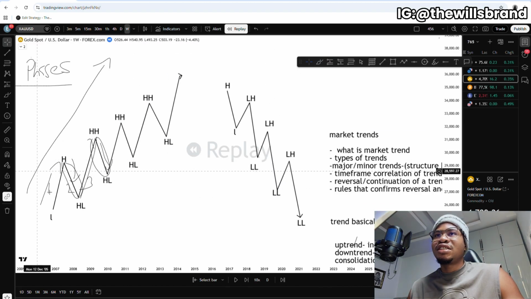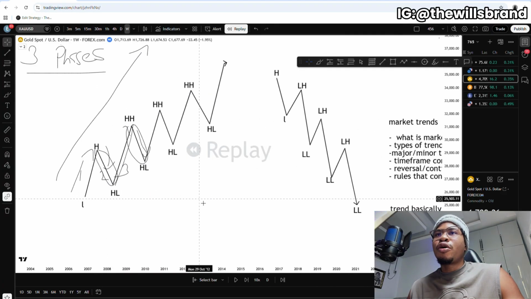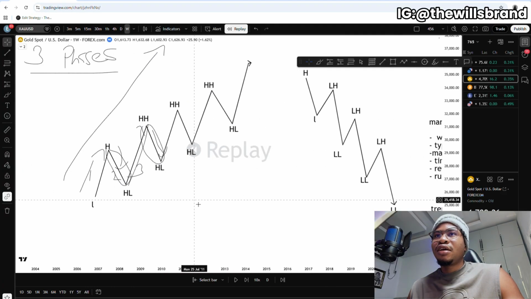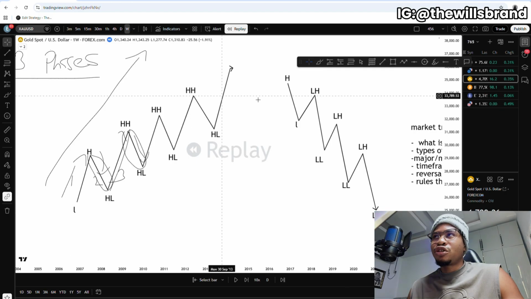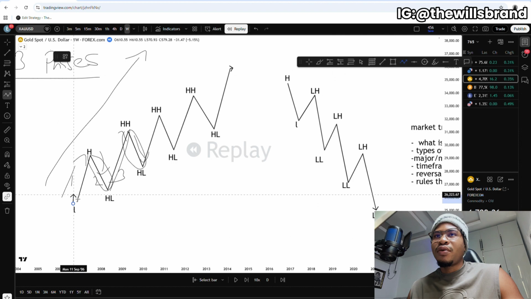Let's say this particular structure is on the 4 hour time frame. When you come to the 1 hour time frame, you start seeing something like this, minor trends inside of these major trends.